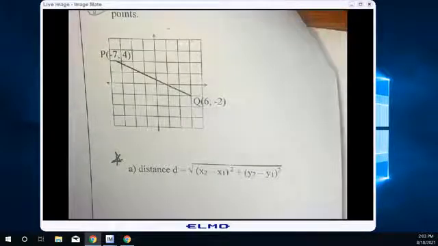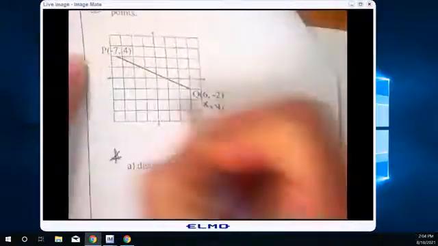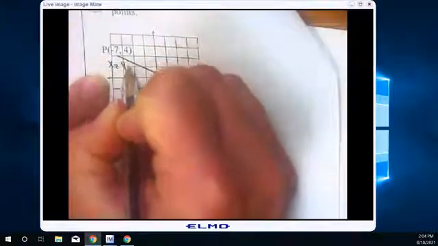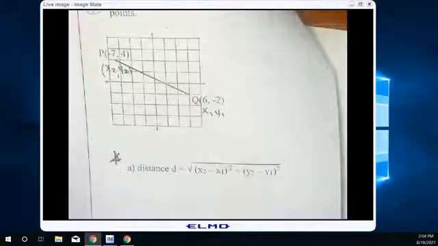Which one is your x1, y1? 6, negative 2 is this. All right, so I'm going to let this one be my first one, and this one is going to be my second one. Those of you who have those switched, work it out the way you did it. You can get the same answer.